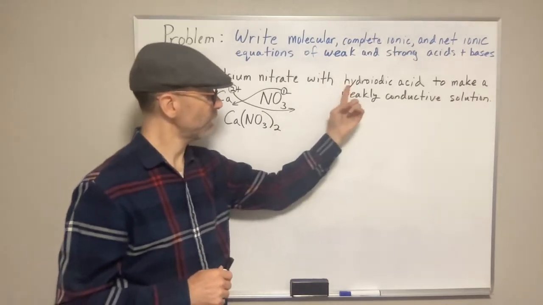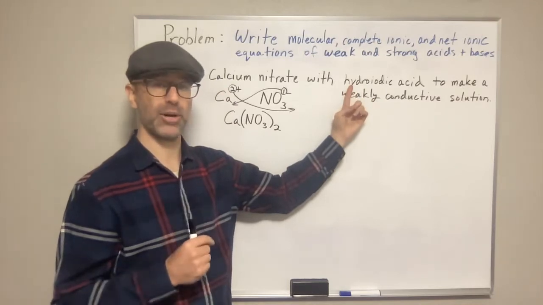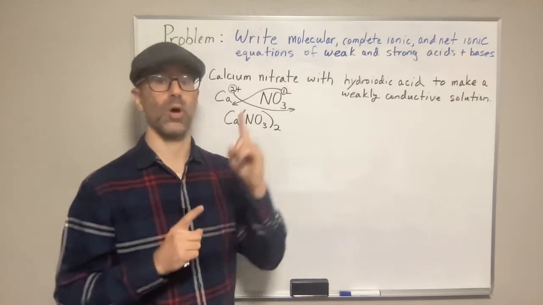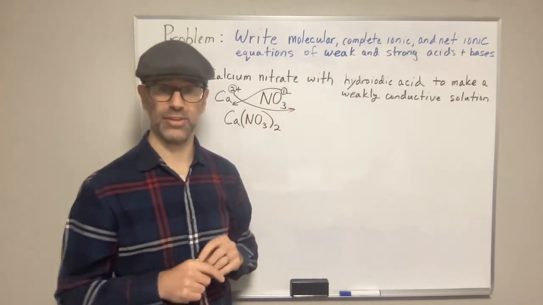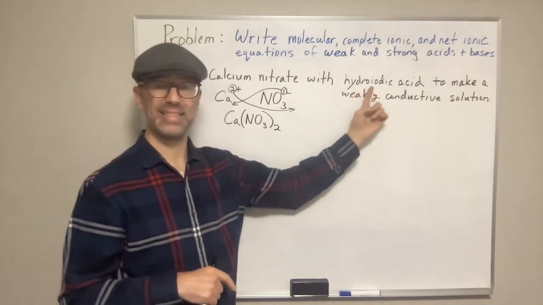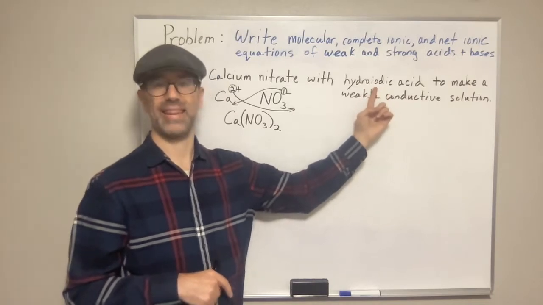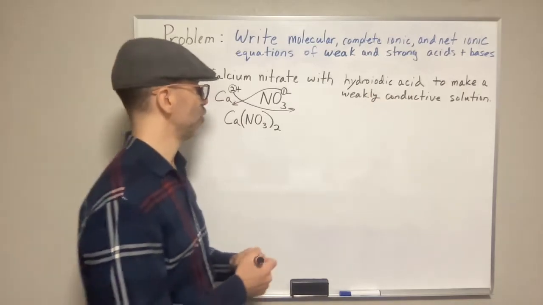Here, the prefix hydro is a dead giveaway that this is a binary acid, and binary acids typically only have 2 elements, and one of those elements is hydrogen. It has to be hydrogen because it's an acid. The other element is indicated by the rest of the word here, iodic, and that refers to iodine. So this is HI.